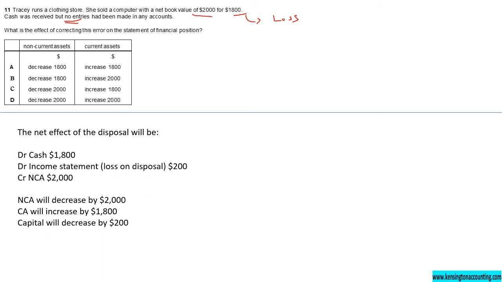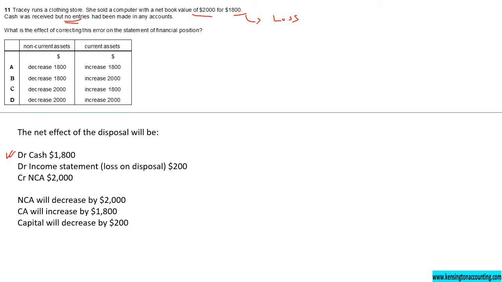Now, the net effect of the disposal would be first, Tracy received 1,800 in cash, therefore his cash account will go up, right? So debit cash account. The computer account, the net book value was 2,000. It has been disposed.